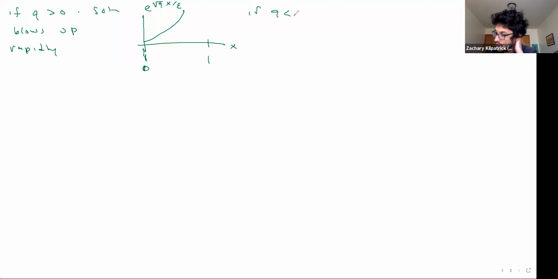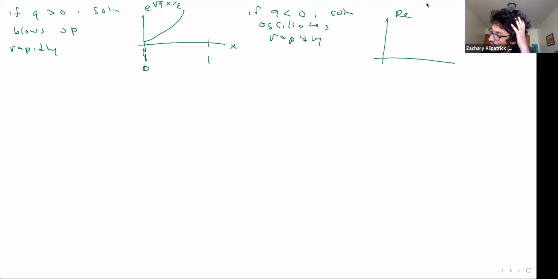If q is less than 0, the solution is going to oscillate rapidly, okay? So if, for instance, I look at the real part of e to the square root of q x over epsilon, then I'm going to have something that rapidly oscillates between 0 and 1 here, okay?